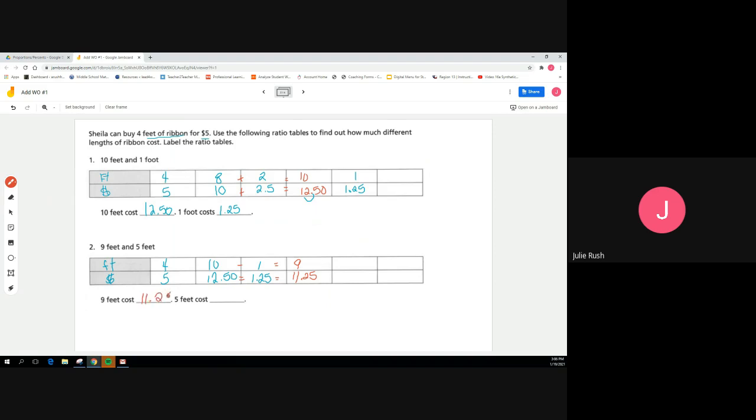And now 5 feet, I'm going to grab the green pen so you can see what I'm doing here. Now 5 feet I can get to by adding 4 and 1. So I'm going to add 4 plus 1 to get to 5. And then I'm going to add 5 to 1.25. So 5 feet costs $6.25.